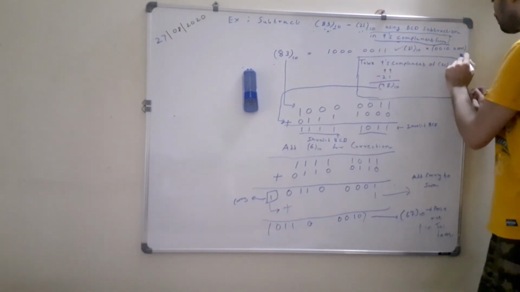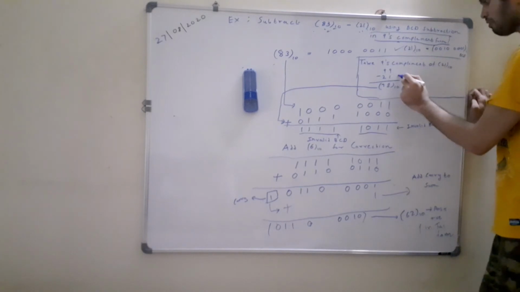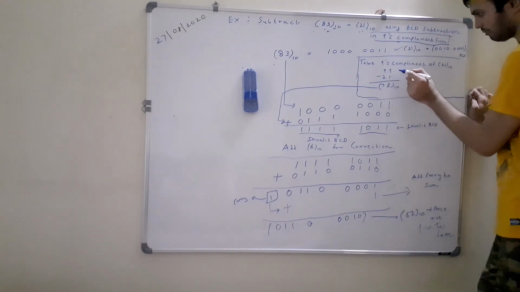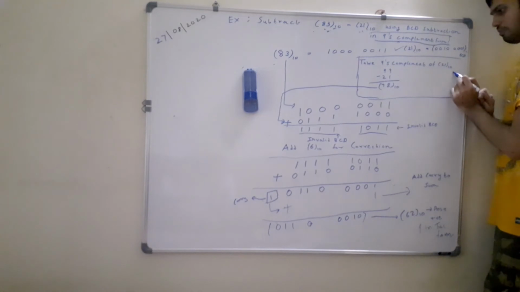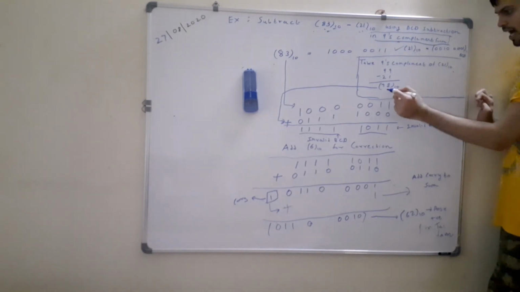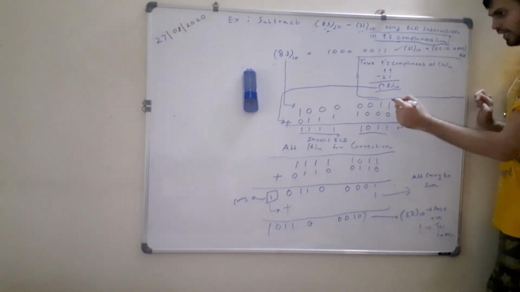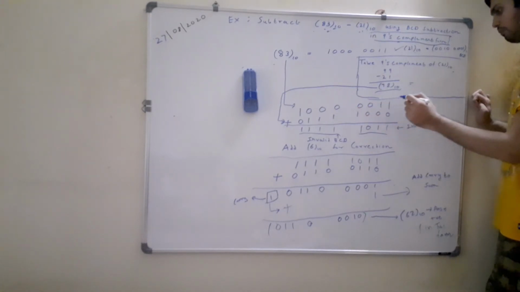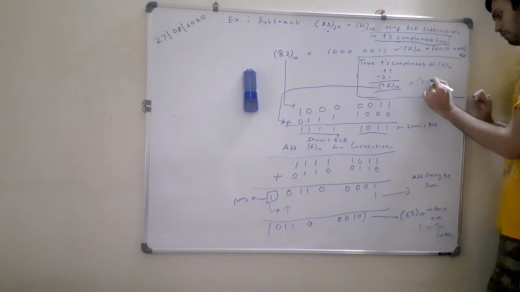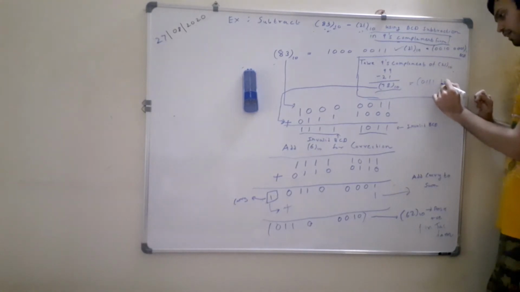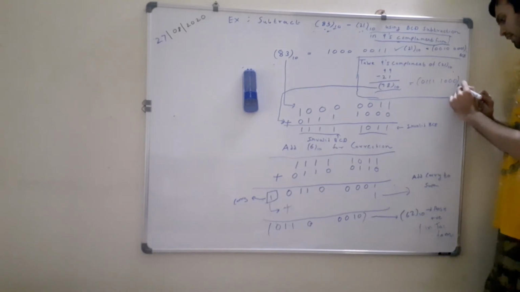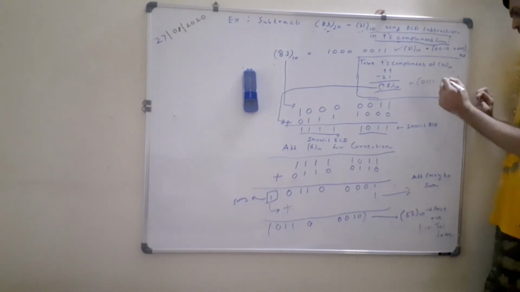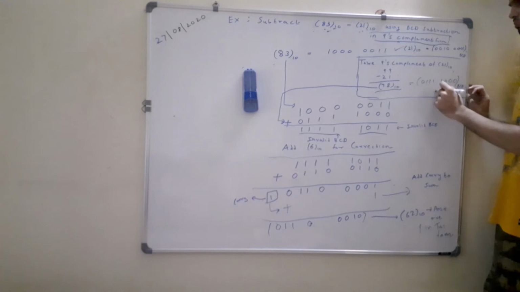So take the 9's complement of 21, which I have taken over here. Take its equivalent BCD representation, that is 0111 1000, which is nothing but 78 in decimal, and this is its equivalent binary representation. So this is nothing but the 9's complement of 21.